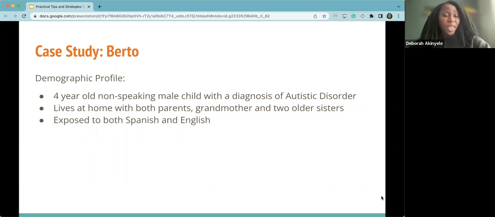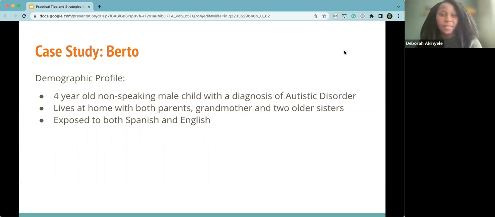So this is a case study that I'm going to talk through to illustrate some of the ways these strategies can be used to support a client who has these communication needs and find the opportunities that exist within their natural environment.